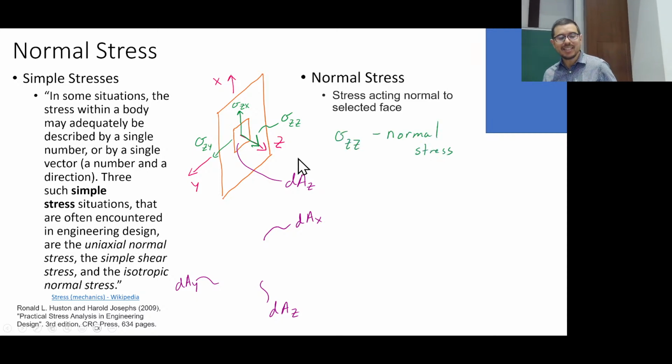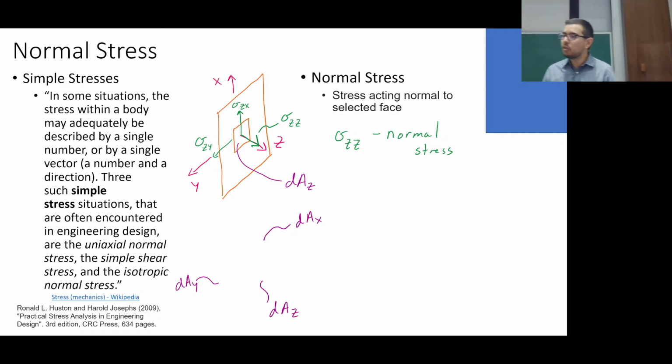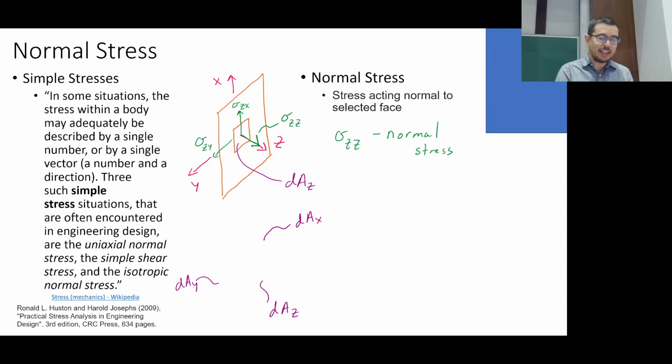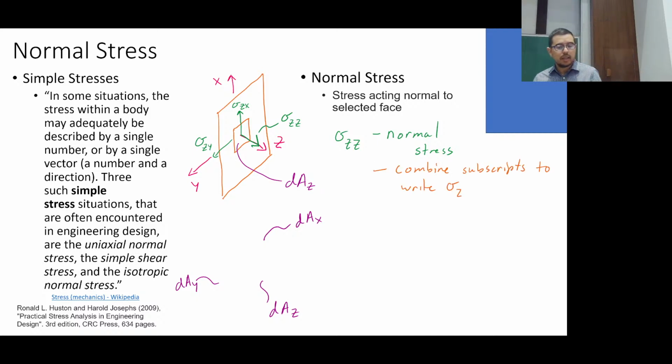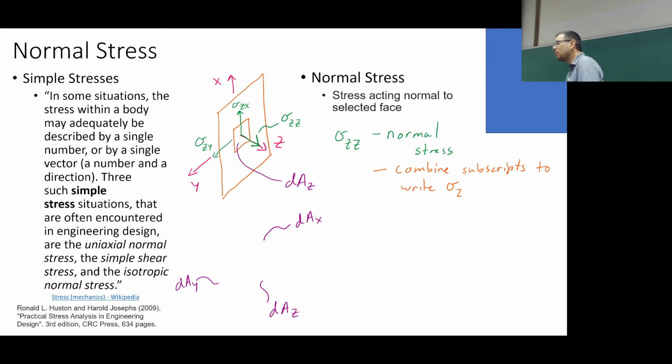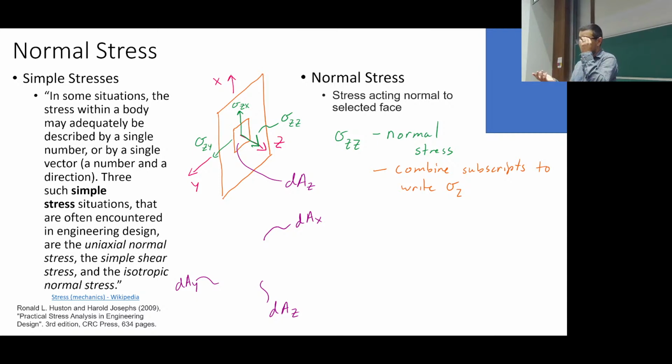So sigma zz is what we call normal stress. That's probably ironic because I'm not a very normal person, but I like these normal stresses. Now, when that happens, we don't write zz, because this is repetitive. So if you just see a sigma z, you know that means sigma zz. That's a normal stress.